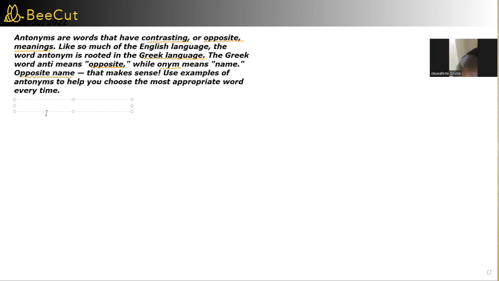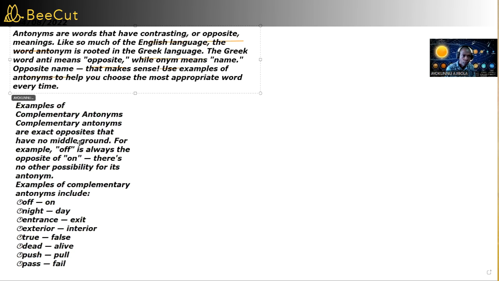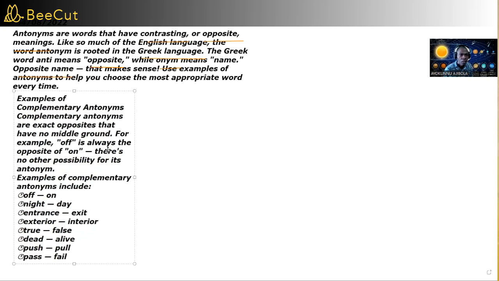Are you through with the note? No, sir. Okay, so for complementary antonyms, these are antonyms that are exact opposites that have no middle ground. For example, off is always the opposite of on.